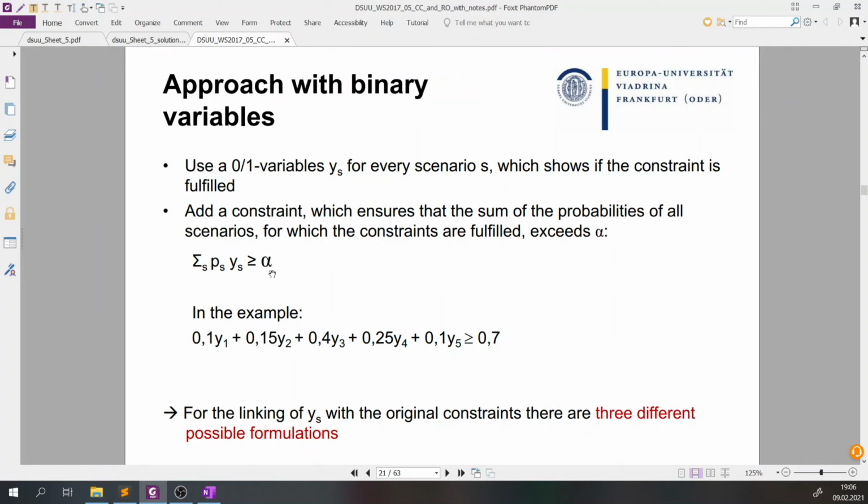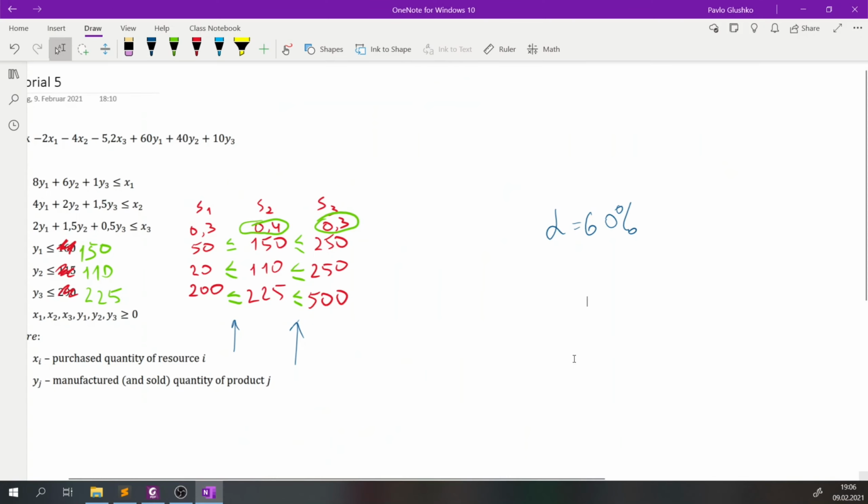It's this alpha level. This is the first element that we need to add to the problem. For our problem, this constraint will look as 0.3 multiplied by y1 plus 0.4 multiplied by y2 plus 0.3 multiplied by y3 should be more or equal to 0.6, right?